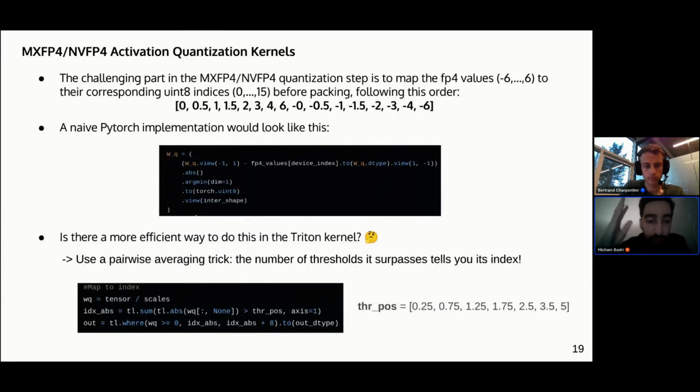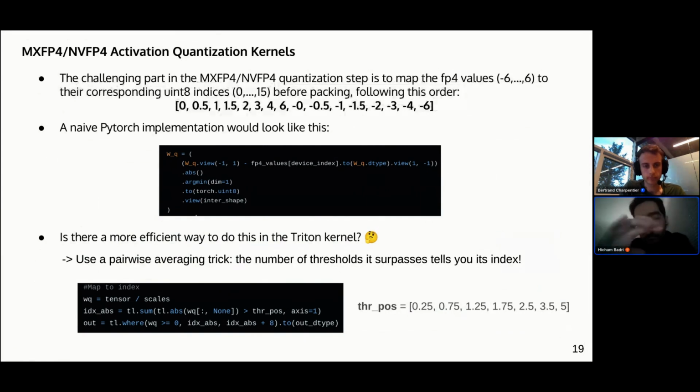To do this properly, you need to do a small trick. Essentially, if you do it in PyTorch, you would do something like this. You would do a lookup table, which is very inefficient. Just a small parenthesis, there's a way to do it efficiently in PyTorch, but I'm just putting this here as a naive way of doing it in PyTorch.